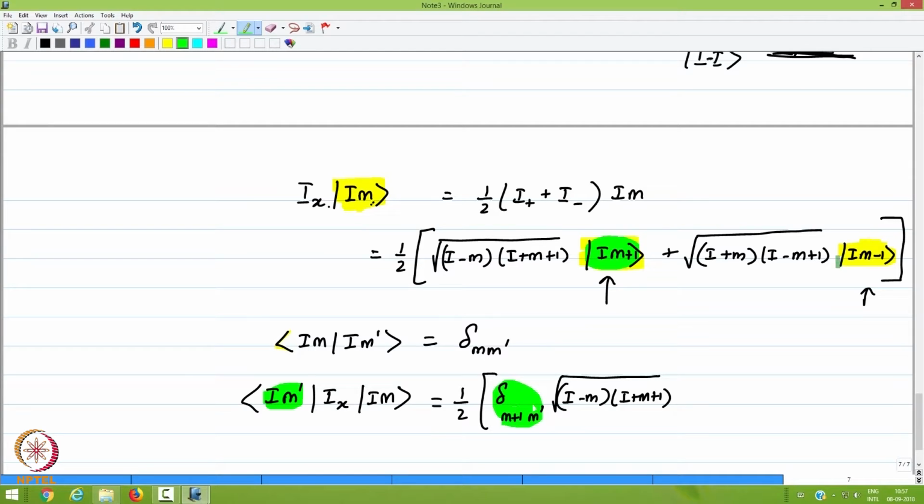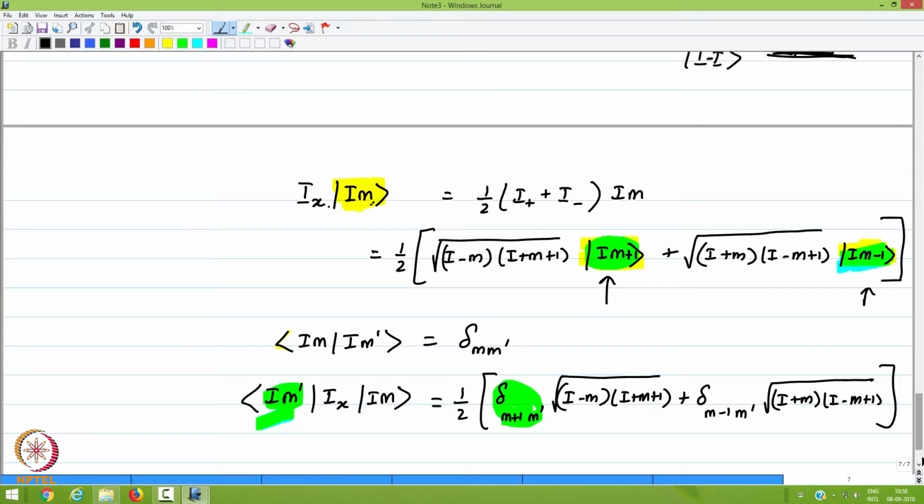Now, what about this term? This term tells you that if m prime, let me use a different label, if m prime were equal to m minus 1, then m minus 1 will be recovered. So, the second term that you will get is delta m minus 1, m prime, square root of I plus m, I minus m plus 1.